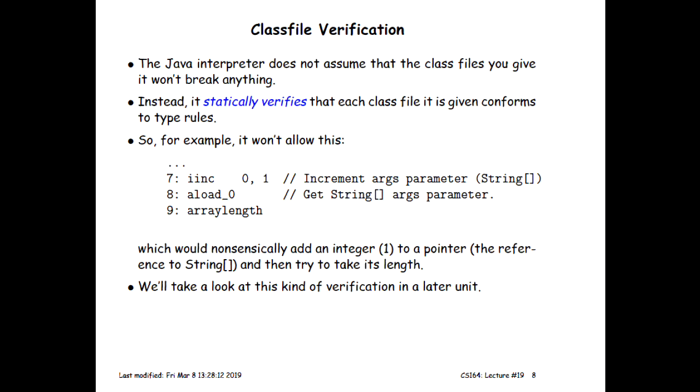But it turns out that if you try to feed this file or the equivalent class file into the Java interpreter, this thing called the verifier will say, no, you can't do that. This is not a valid class file. Some of you saw that.